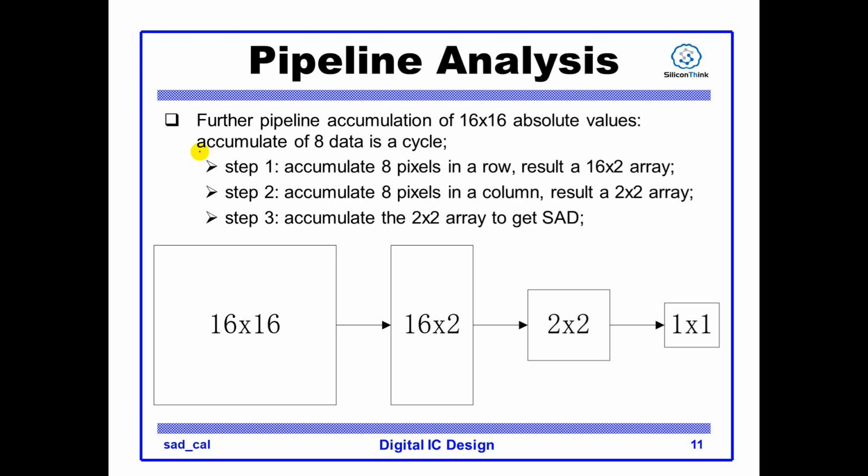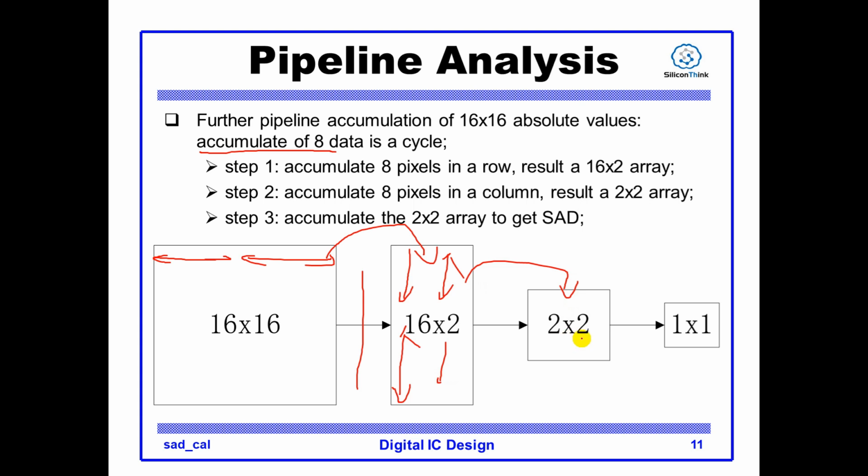For example, how about just accumulating 8 data in a cycle? Accumulate these 8 data in a row. Then you will get an array of 16 by 2. This is the pipe register. Then you can accumulate 8 data here in a column. Then you will get the array of 2 by 2. Then accumulate the 4 data together to yield the final result.